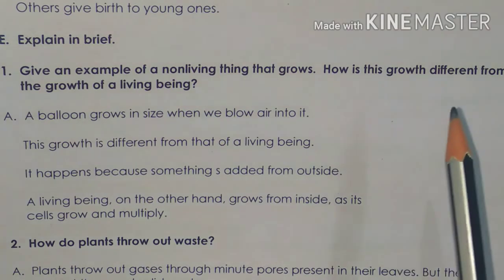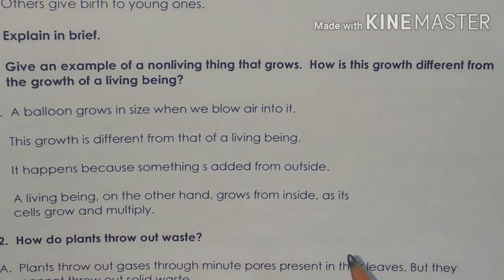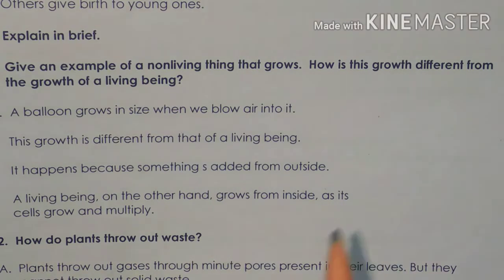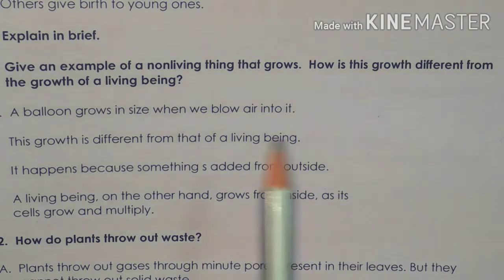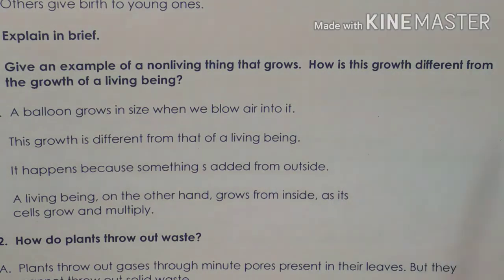How is this growth different from the growth of a living being? We have already learned that like living things, non-living things also grow. For that they have asked an example. The next question is, how is this growth different from the growth of a living being?